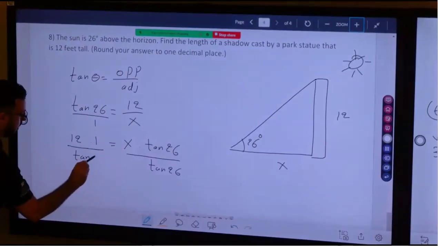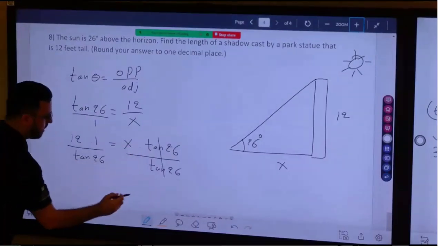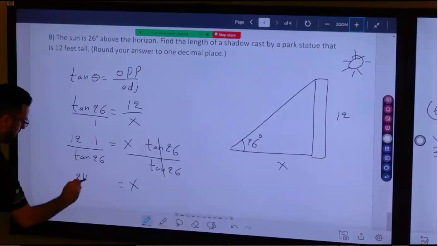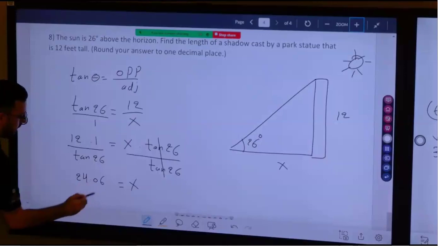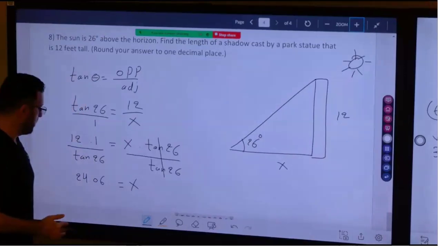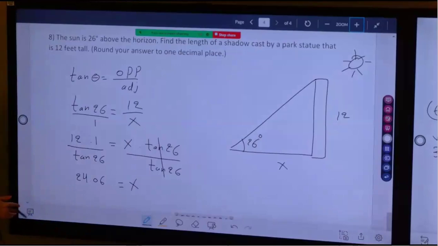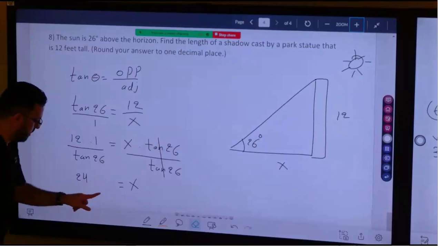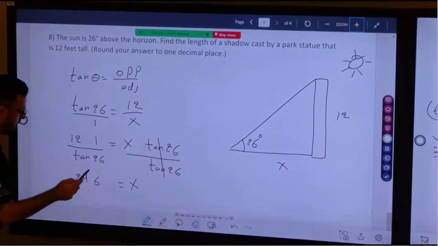So x is going to be equal to what? 24.6. One decimal place, so no zero. It's just 0.6. Okay, just 6, not 0. Let's see. That's right.